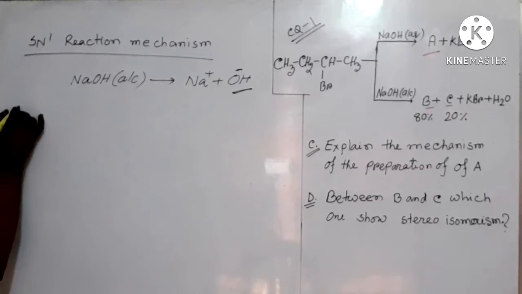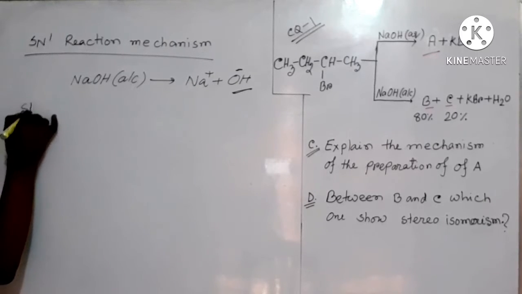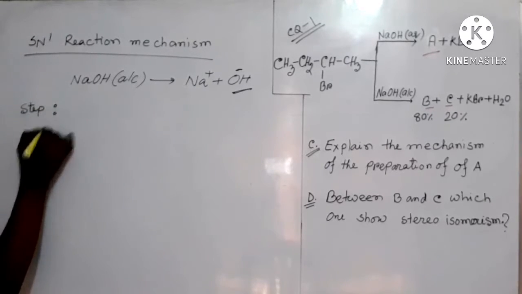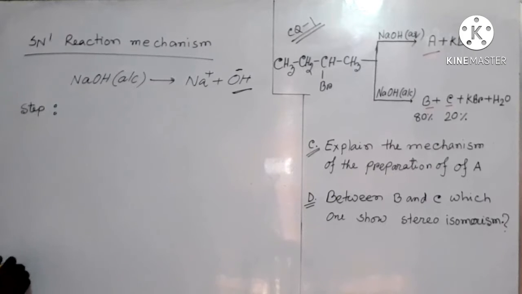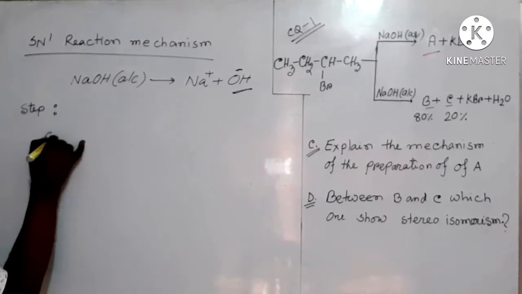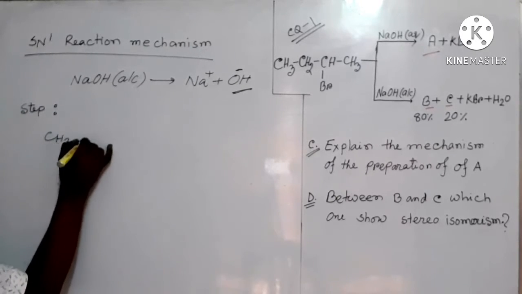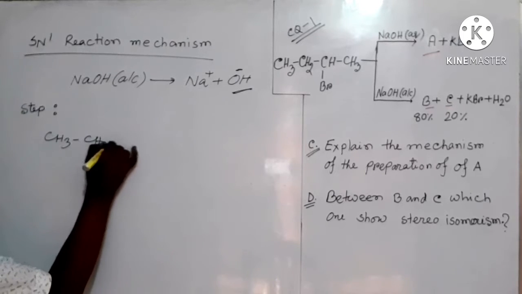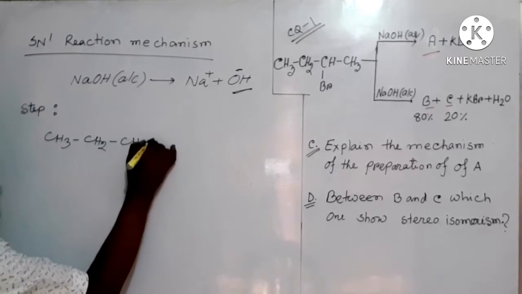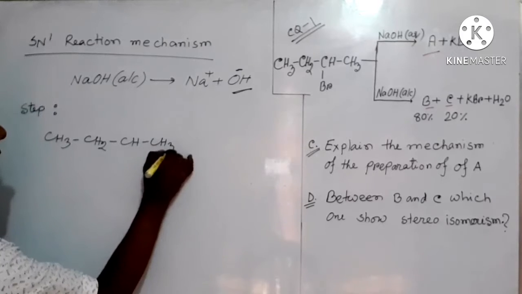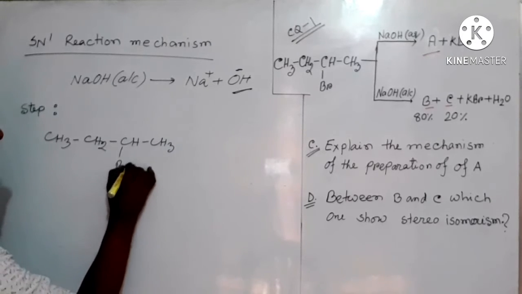In our first stage, the compound is CH3CH2CHBrCH3.